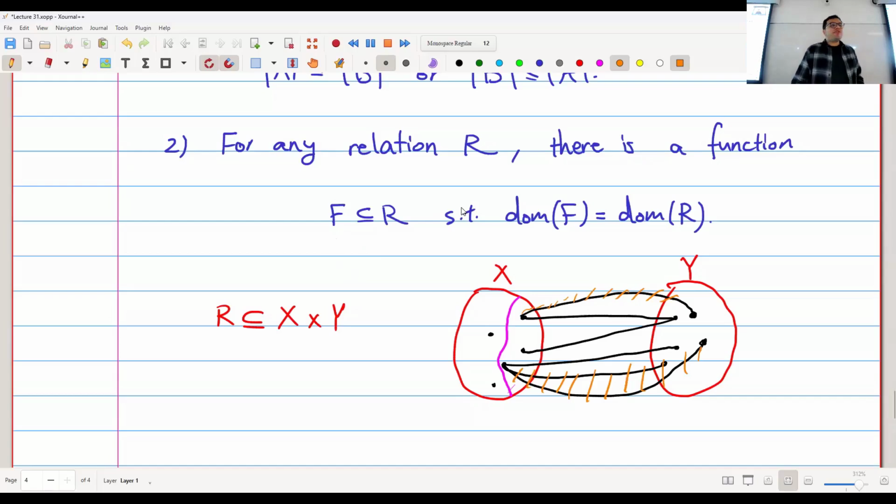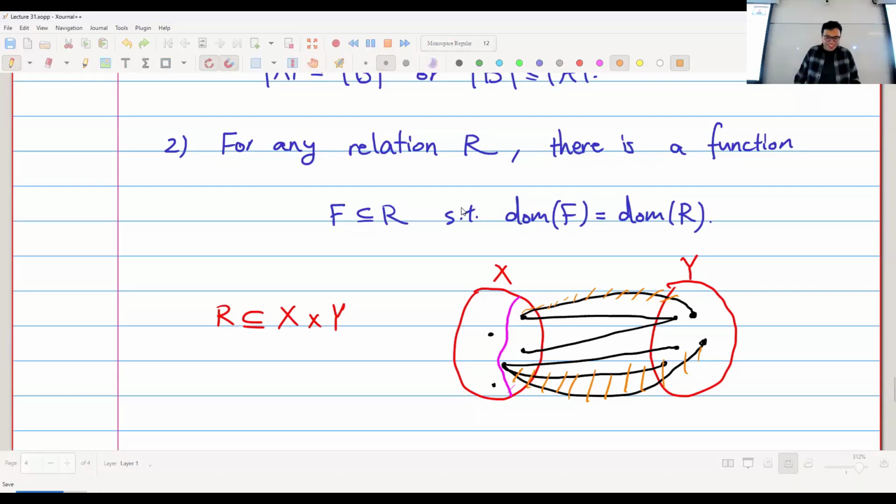Okay. Again, in the finite case, it's so trivial. I'm just going to go over all the edges, pick one. But imagine that these are infinite or maybe uncountable huge sets of any possible size. How are you going to do it? How are you going to choose an element of a really huge set? How are you going to choose an element of each huge set in a set of huge sets?